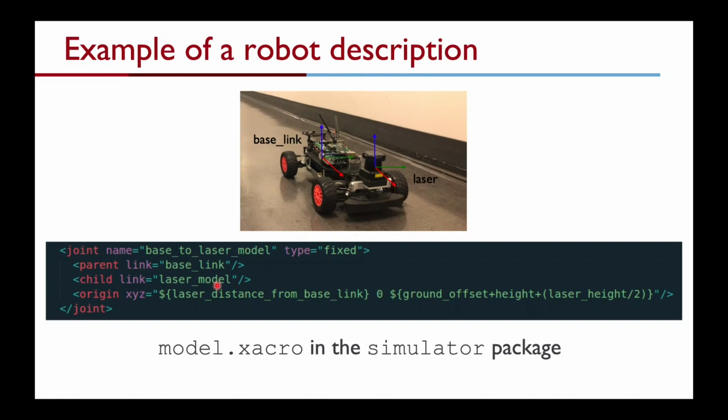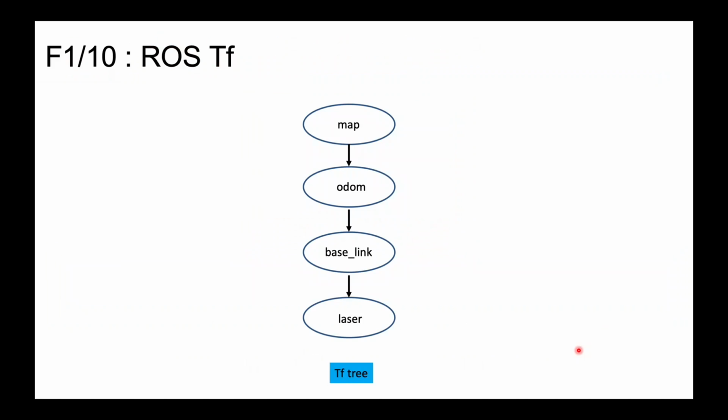So you are describing this relationship between base and laser, and this is described in this Xacro file, which is in the simulator package. You don't need to change this file. I'm just telling you that when we render the car, or create the model of the car in the simulator, we are defining these relationships between the base and the laser frame of reference.